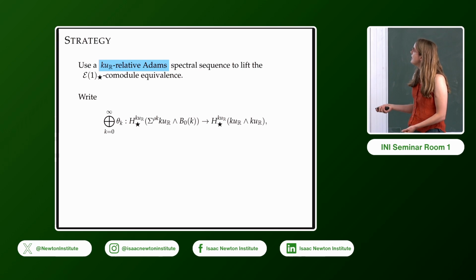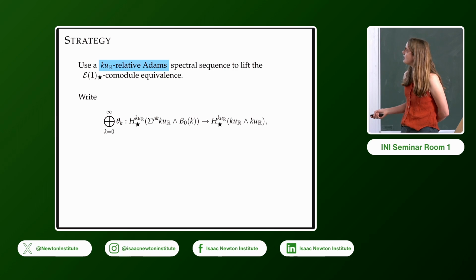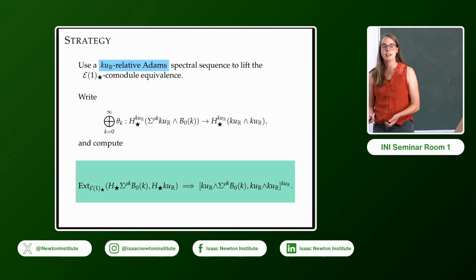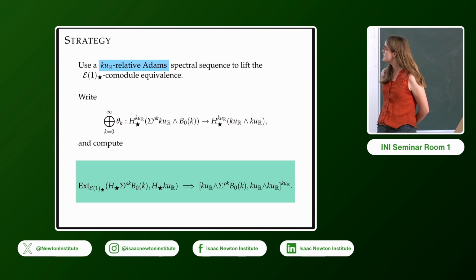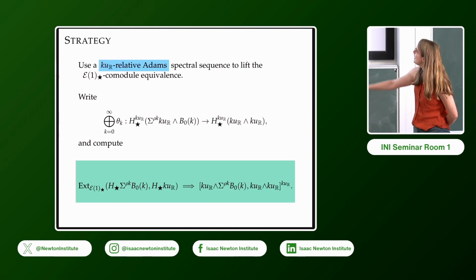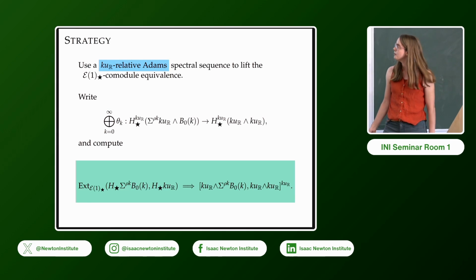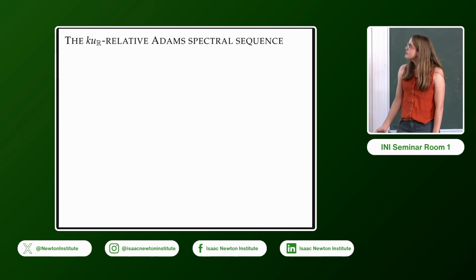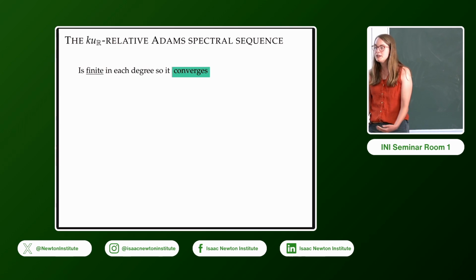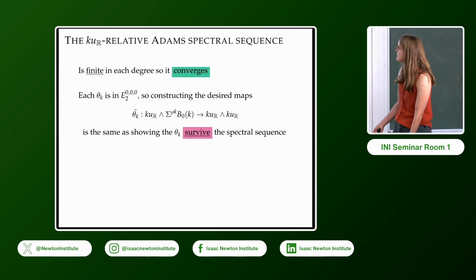So writing this isomorphism in terms of KU_R relative homology means that we're now ready to compute the KU_R relative Adams spectral sequence, which has this on the left as its E2 page and converges to what we want. So in particular, the KU_R relative Adams spectral sequence is finite in each of the degrees, so this does converge, so that's certainly good.